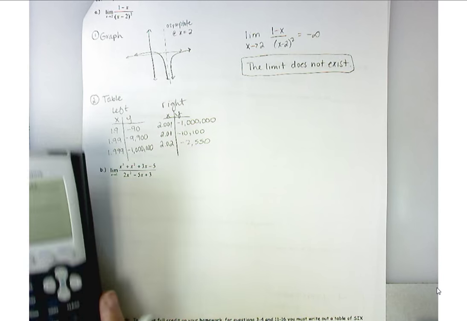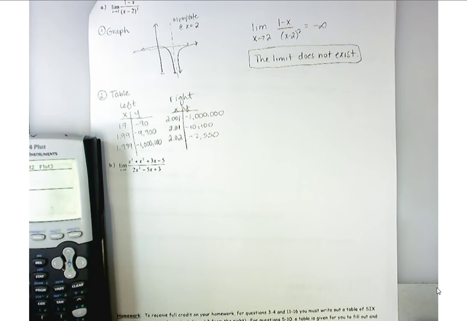Okay, and then we're going to graph B. Okay, so we have x cubed plus x squared plus 3x minus 5 divided by 2x squared minus 5x plus 3.